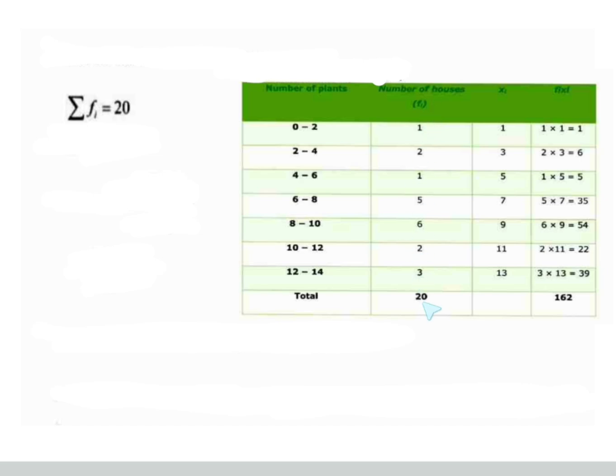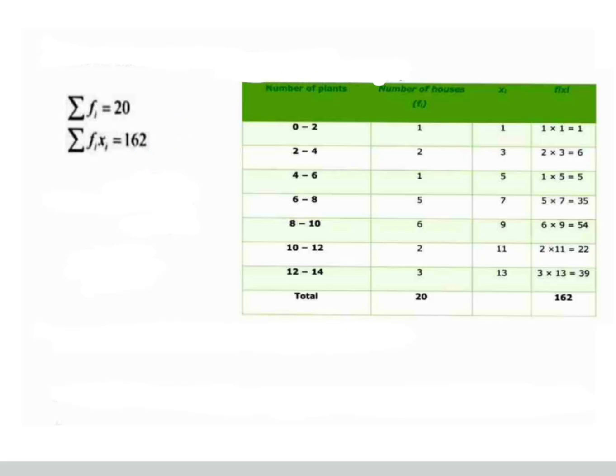The frequency sigma fi is equal to 20, and sigma fi xi is 162.